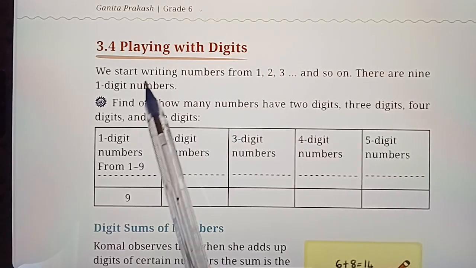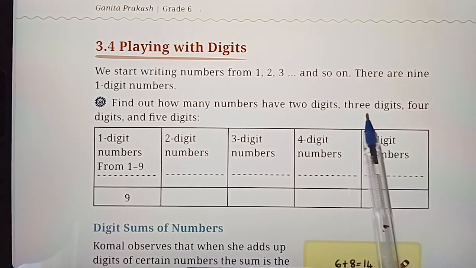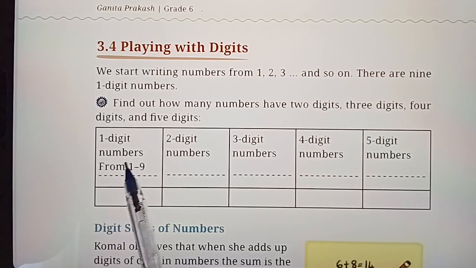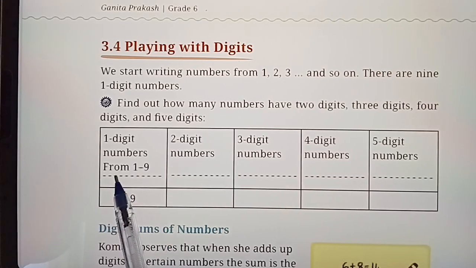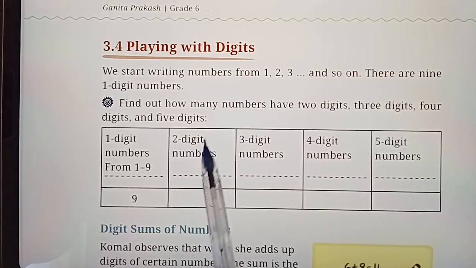Next we have the topic playing with digits. So in this way you can find out how many numbers have 2 digits, 3 digits, 4 digits and 5 digits. For example, 1 digit numbers are the numbers 1 to 9. We know there are 9 one-digit numbers and 10 is a 2 digit number.